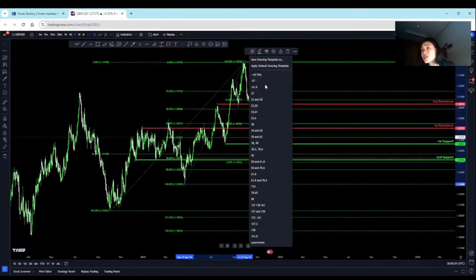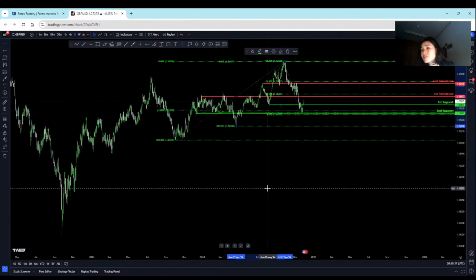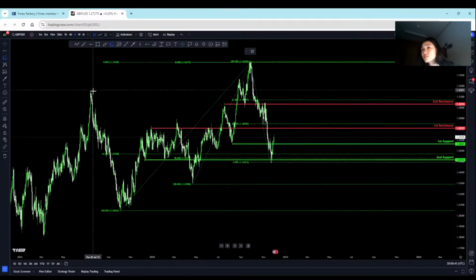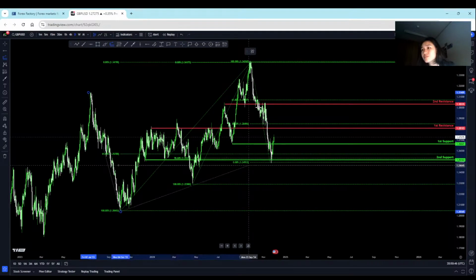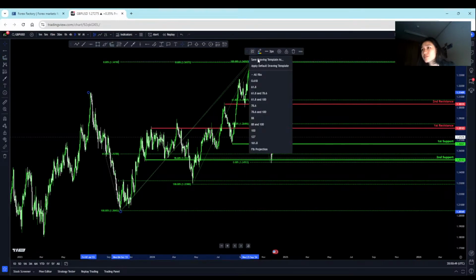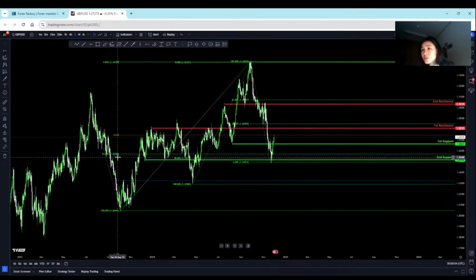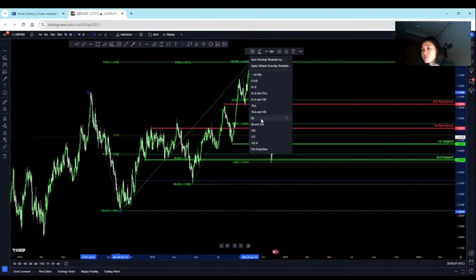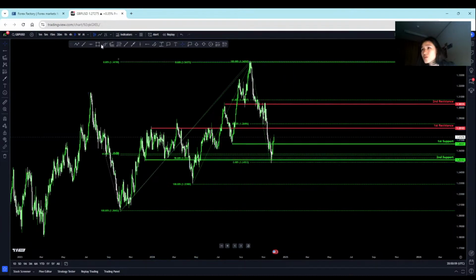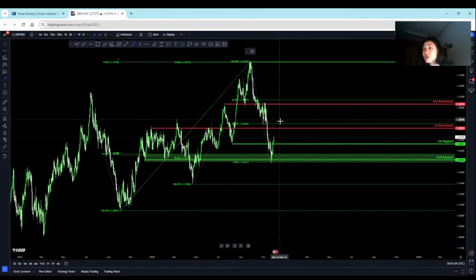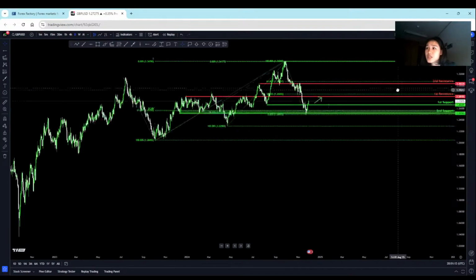My 78.6 also lines up with my second support. So this area is a confluence area here. I'm expecting prices to continue moving upwards towards our first resistance, maybe even second.